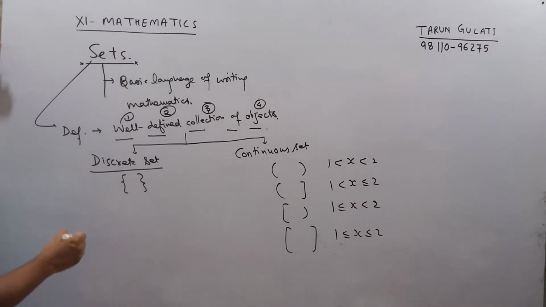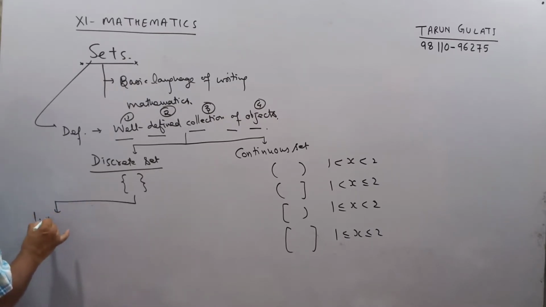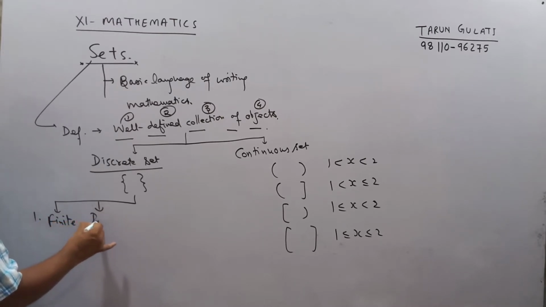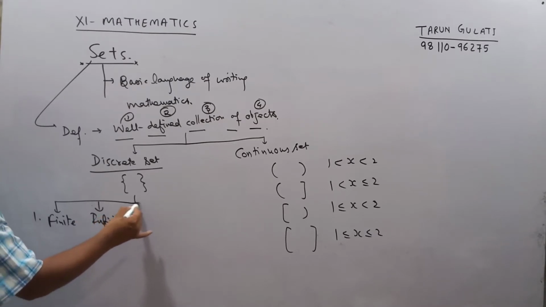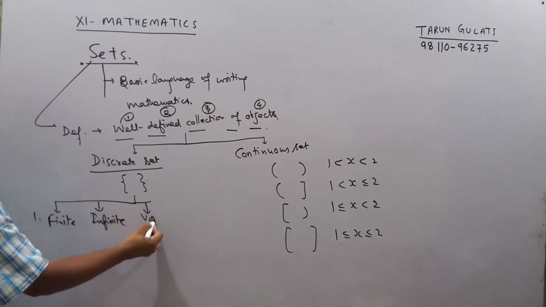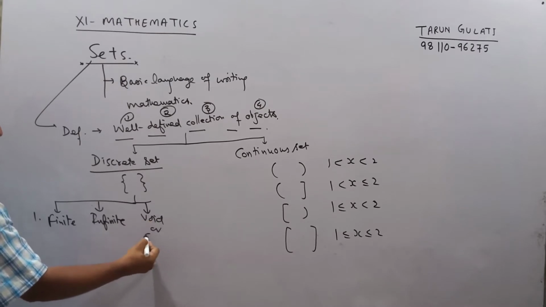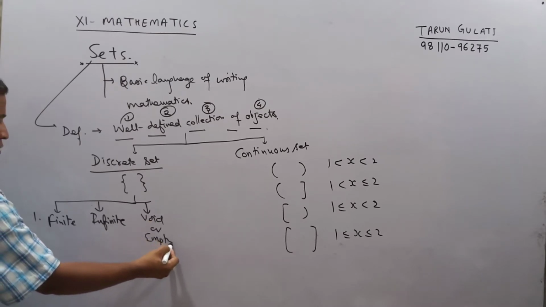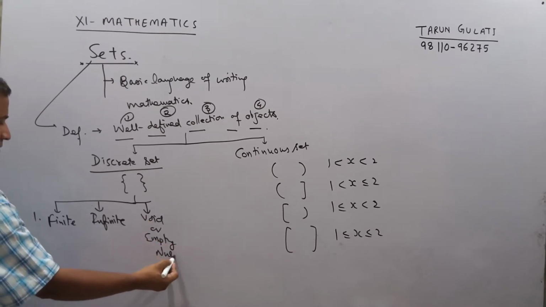So for discrete set, if we understand the meaning of discrete set, this word can further be divided into: number 1, finite set. Number 2, infinite set. Number 3, void or empty or null set.